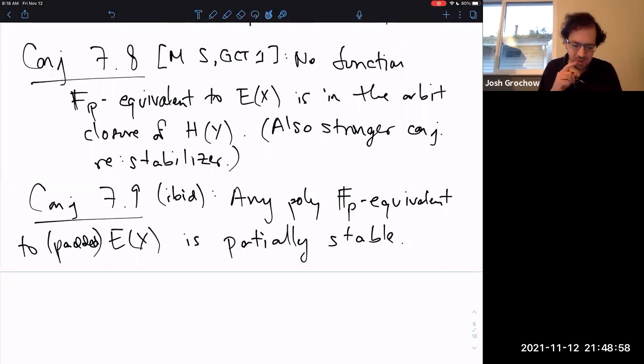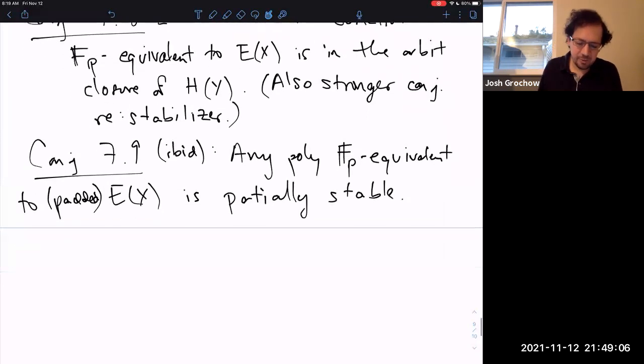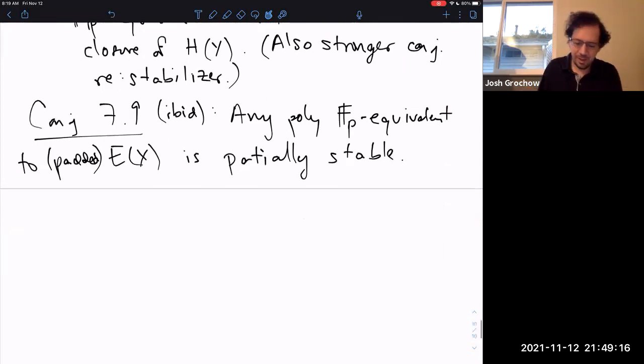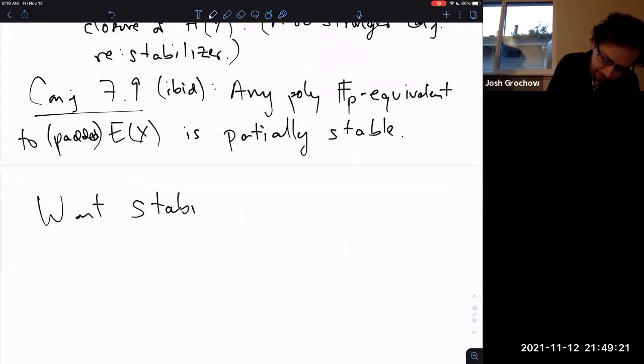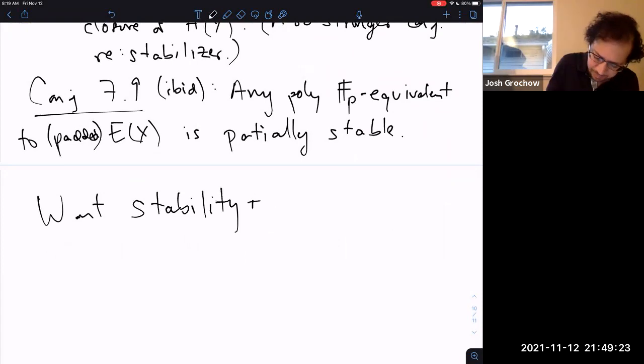And then the last thing I want to highlight, one of the things that I find very interesting about this is, okay, permanent and determinant, very natural. But we now have some criteria for what you want in a polynomial to think about applying GCT to it. So you want stability and symmetry characterization.